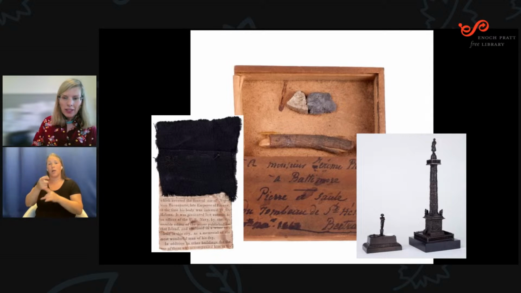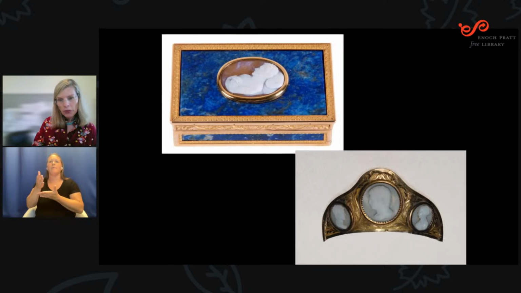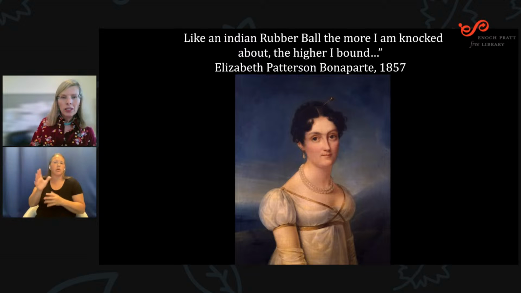Desk accessories depicting the emperor. Again, a difficult history, but yet materially represented through the generations. A box with the immortalized image of the emperor, and even a hair ornament with cameo centering on Napoleon himself.